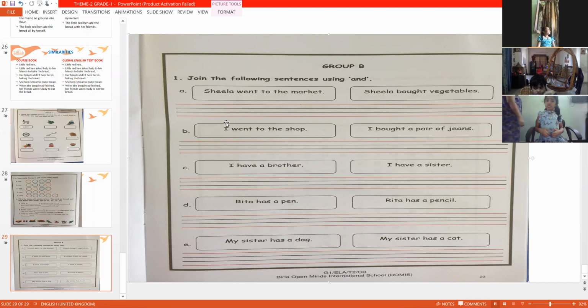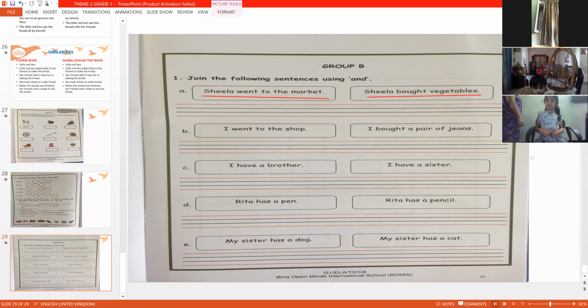Like Sheila went to the market and Sheila bought vegetables. Here you can see Sheila went to the market. And again you can see here Sheila bought vegetables.